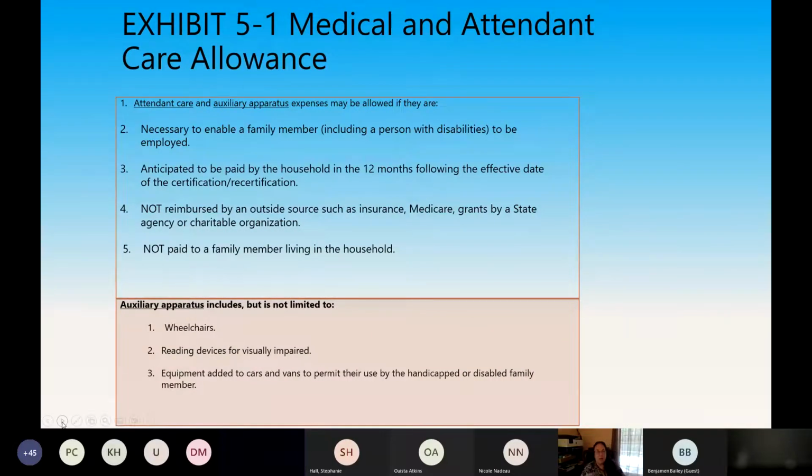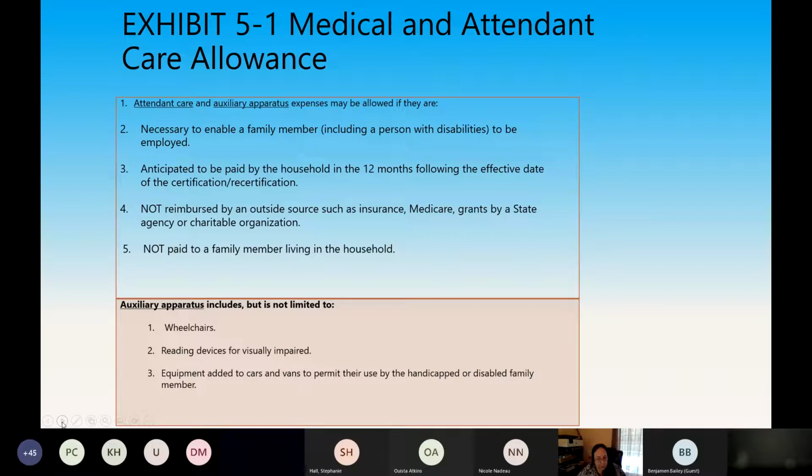Attendant care and auxiliary apparatus expenses may be allowed if they're necessary to enable a family member, including the person with disabilities, to be employed. They must be anticipated to be paid by the household in the next 12 months following the effective date of your certification or recertification, and not reimbursed by an outside source, such as insurance, Medicare, grants, state agencies, or charitable organizations, but in our case, Indian Health falls in here.